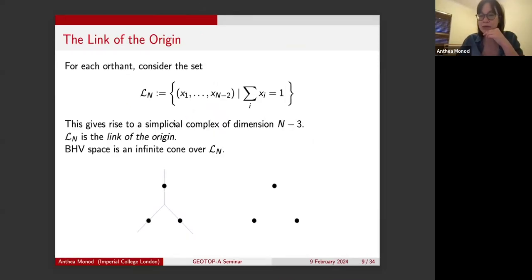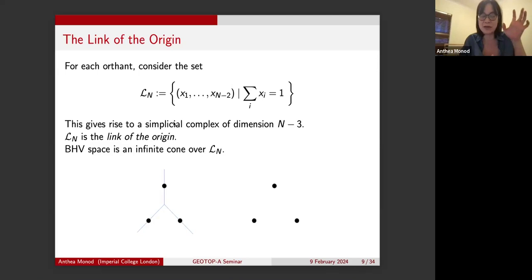One thing I also want to talk about in particular is a special object you can think of as a skeleton. It really defines BHV tree space, which is the link of the origin. It's a simplicial complex, because you can build your tree space by looking at the infinite cone over this set.